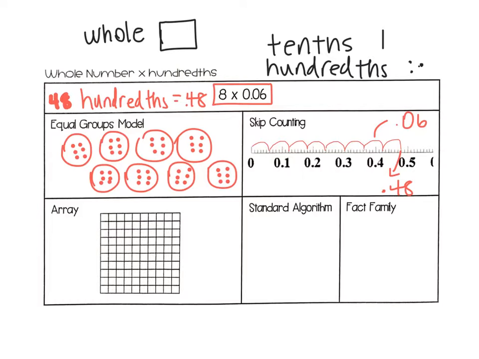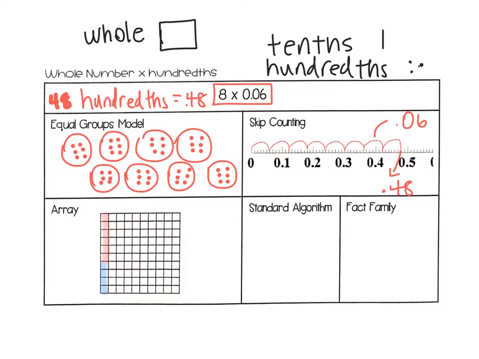Now let's look at our array model. It's going to be real similar to our equal groups model again. We want to shade in 6 hundredths, and we want to do that 8 times. So here goes one group of 6.